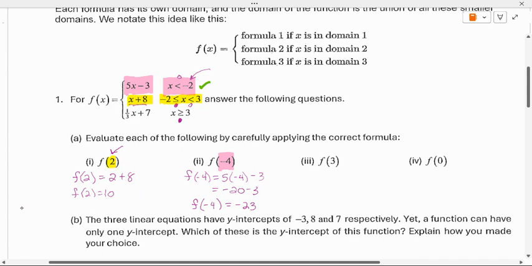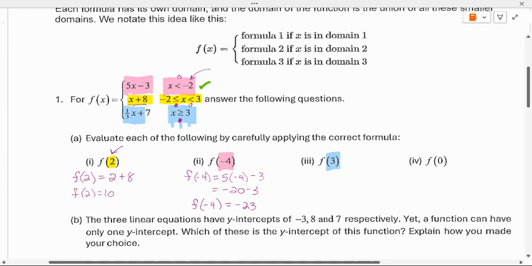So let's take a look at our next function. We're evaluating f of positive 3. So we have to figure out where positive 3 lies in our domain. When x is positive 3, we're using this domain, x is greater than or equal to positive 3.